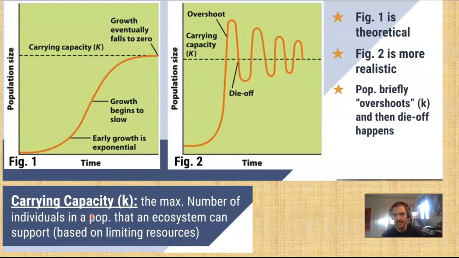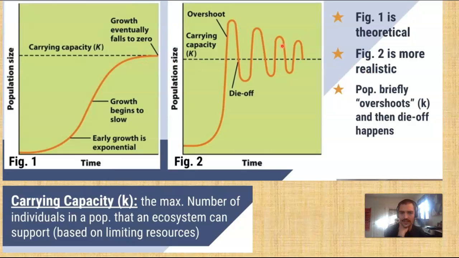All right, so carrying capacity is the maximum number of individuals in a population that an ecosystem can support based on limited resources. If you look at figure 1, it's theoretical. This is what we always look at as a classic carrying capacity, where there's exponential growth and then something happens and the population growth falls to 0.